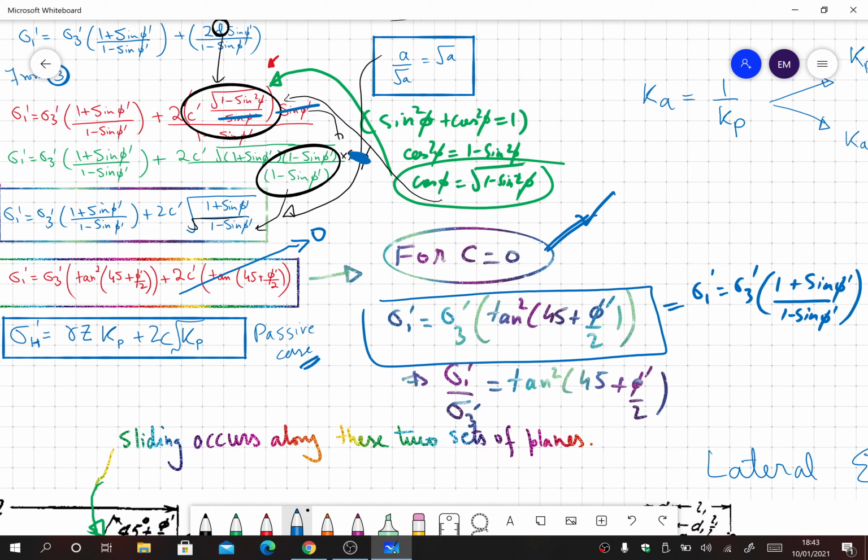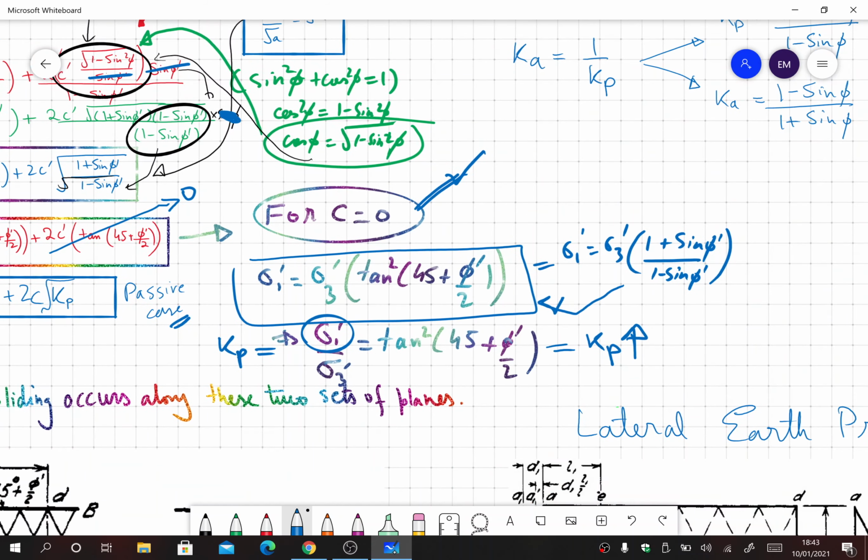Tan square 45 plus phi dash by 2. And then sigma 1 over sigma 3, that means major principal stress over minor principal stress, we know that was equal to Kp. Remember that Kp has very large values, so my major principal stress should come on the upper side, and that ratio is equal to Kp.